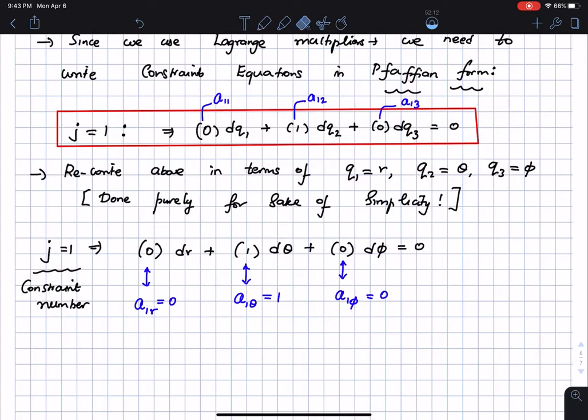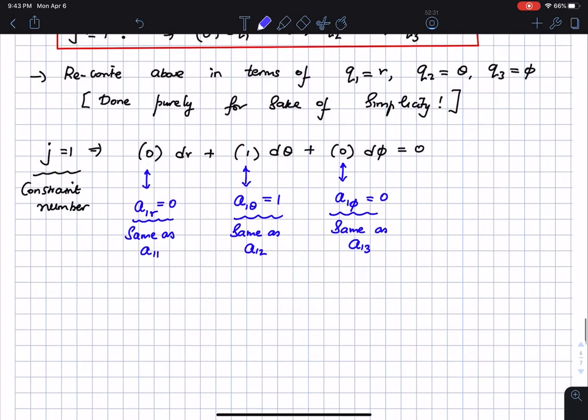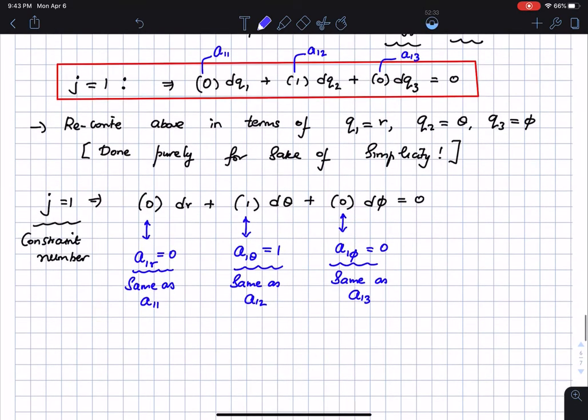So this is the same as a11, a12, a13. This is for the first constraint.